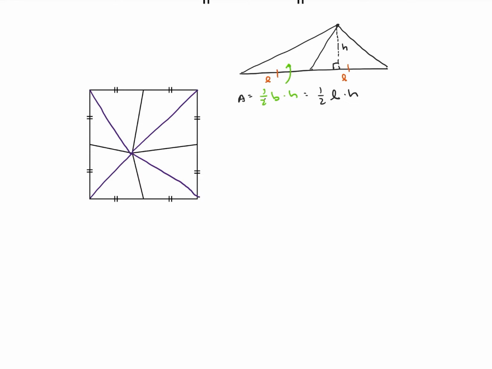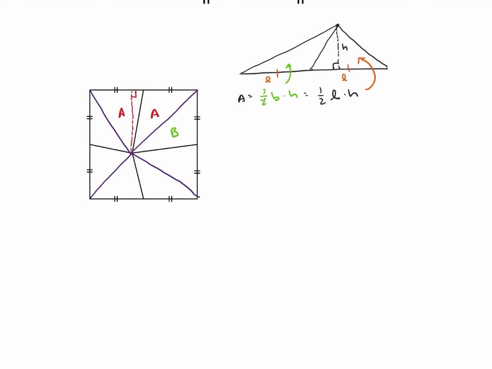But if I have the area of this region right here, it's also going to be that exact same area because my base is still the length L and my height is still H. So we're going to look at our picture down here and notice that this region A and this region A here both have the same base, and they both have the same length H, which is going from the side.